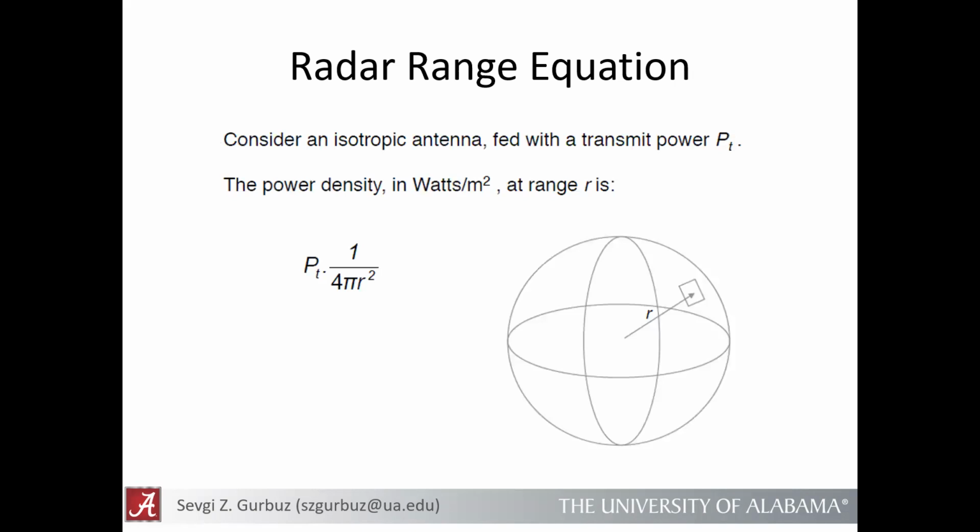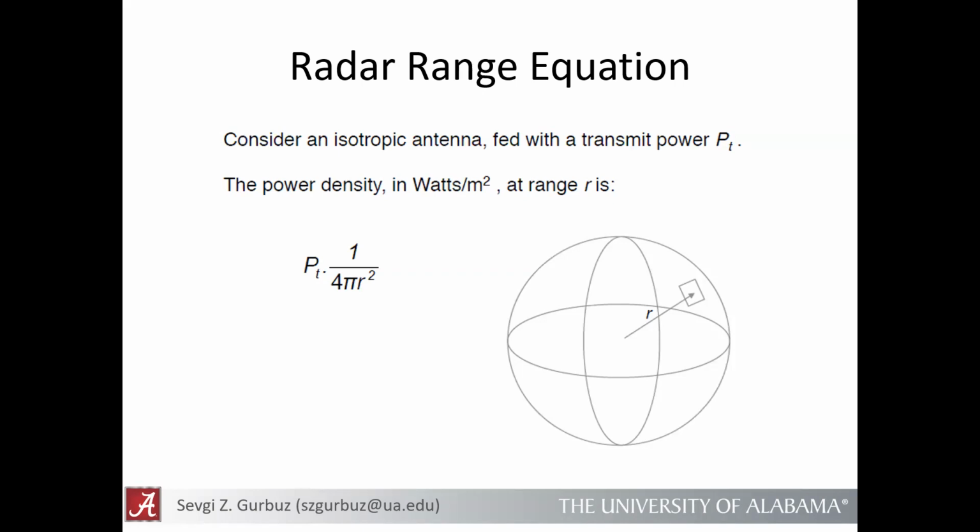So let's start by considering how we can first model and represent the power of the expected backscatter of the radar. And I want to start by considering what's known as an isotropic antenna. An isotropic antenna is an antenna that transmits equal power at every single point, regardless of the angle.